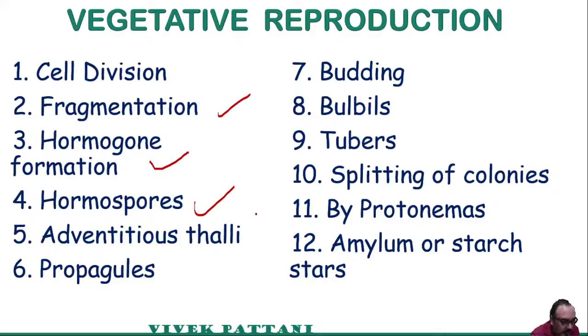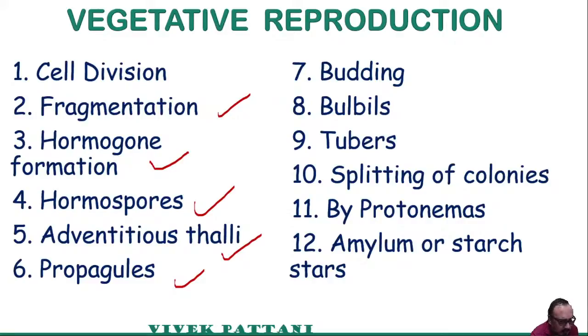Next one is adventitious thalli. And next come the propagules, where sometimes the old thallus or the short-celled branches start developing, which later detach from the plant and form a complete thallus.